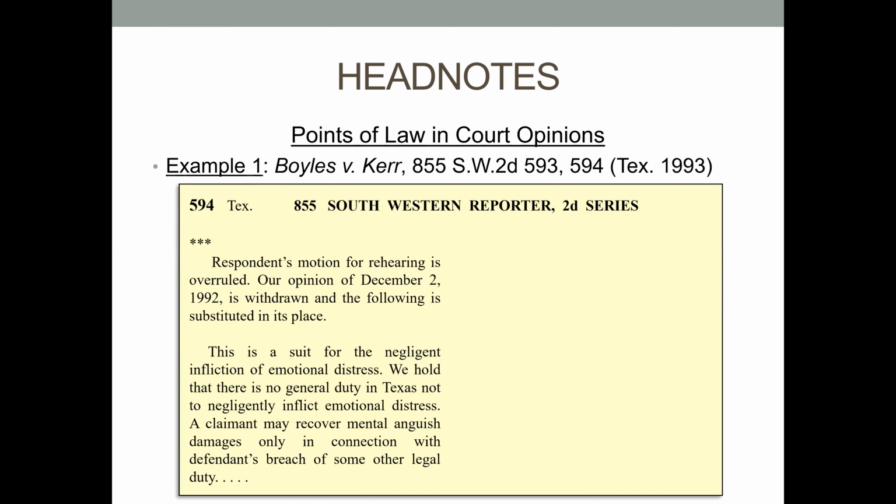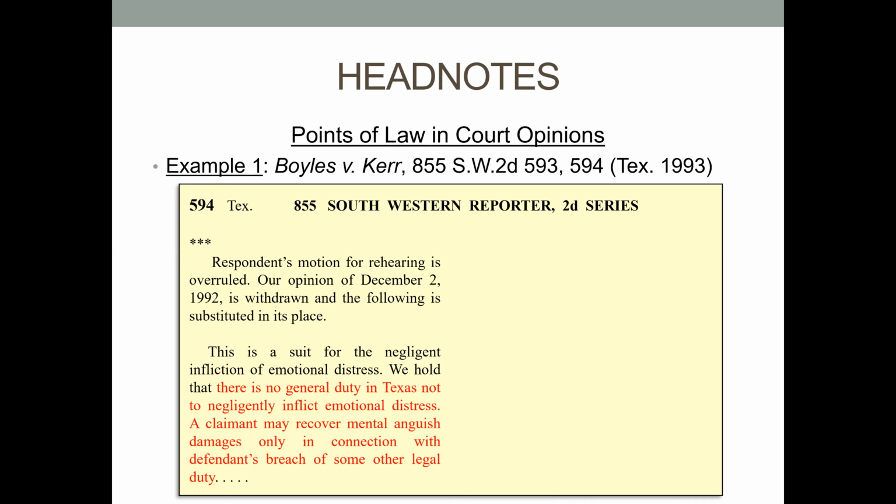And so this first example is a point of law appearing in the Texas Supreme Court case Boyles versus Kerr. Now, I'm going to show you here on the screen what the case would look like in the actual Southwestern Reporter published by West / Thomson Reuters now.